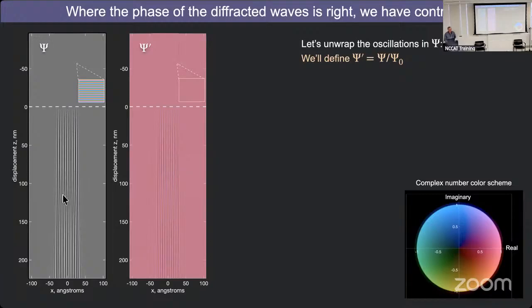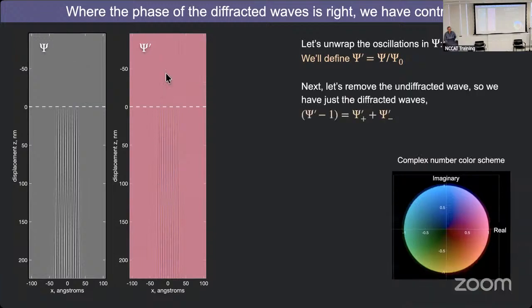And I want to think about how this comes about. Well, the first thing I do is I get rid of the oscillation. So I just take the wave function and I undo that e to the ikz, so that the incident wave just looks like 1. It's red because it's a real number.